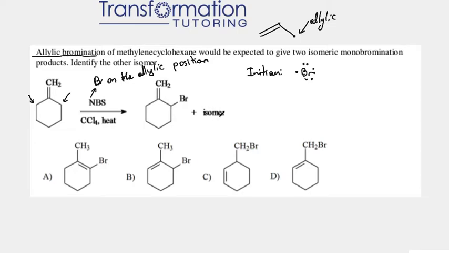who is the second product. So after initiation has created the bromine radical, we will do the propagation steps. First, we start with our molecule and we react it with Br radical.